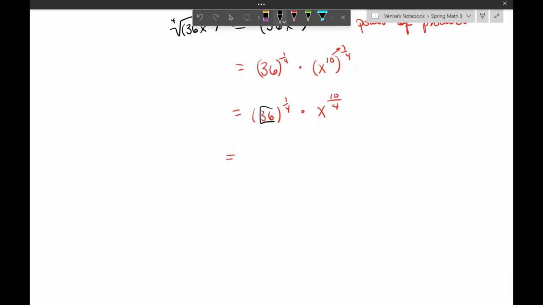From here, let's dissect 36. 36 is the same thing as 6 squared. I want to dissect 10 over 4.